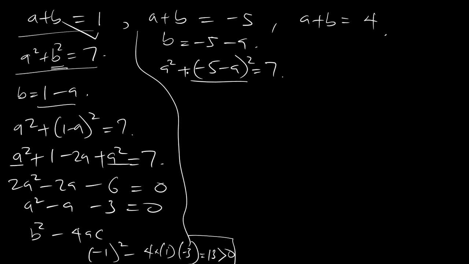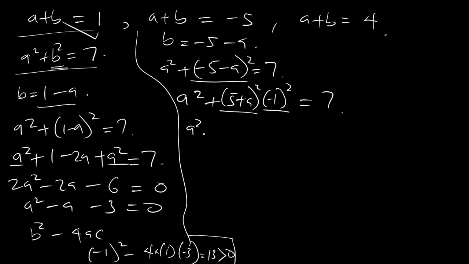This is the same thing as saying a square plus (5 plus a) square times minus 1 square, which is equal to 7. So this gives you 1. So you have a square plus 25 plus 10a plus a square is equal to 7. So now you have this plus this is 2a square plus 10a.